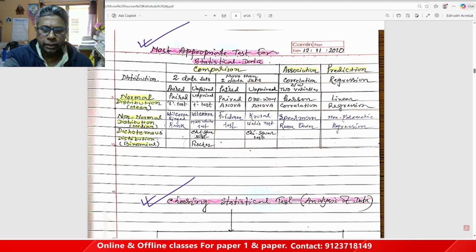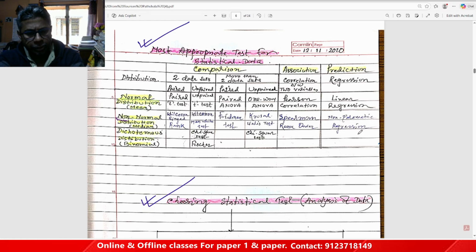In the case of association, correlation between two variables, normal distribution, we use Pearson correlation. Non-normal distribution, we use Spearman rank order. For prediction, regression, normal distribution, we use linear regression; non-normal distribution, we use non-parametric regression.